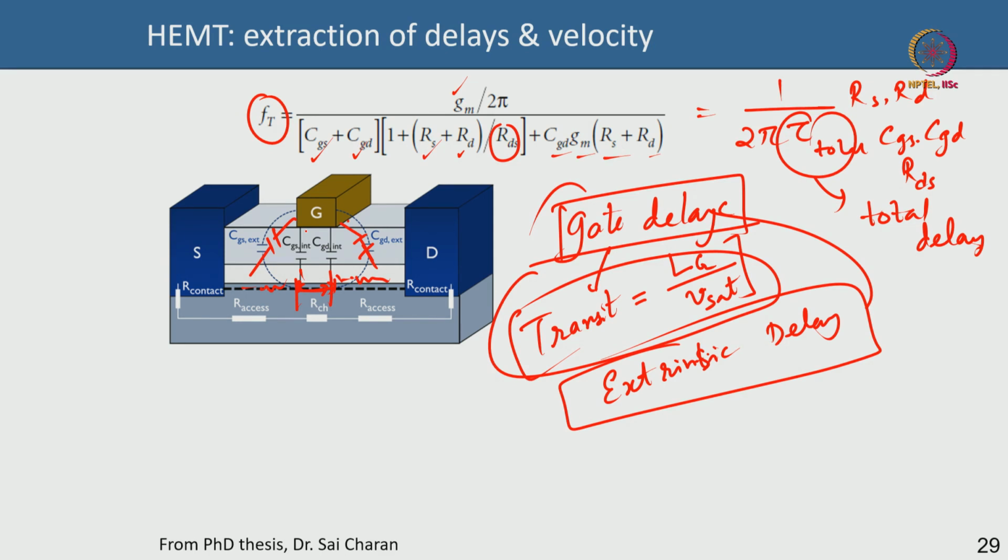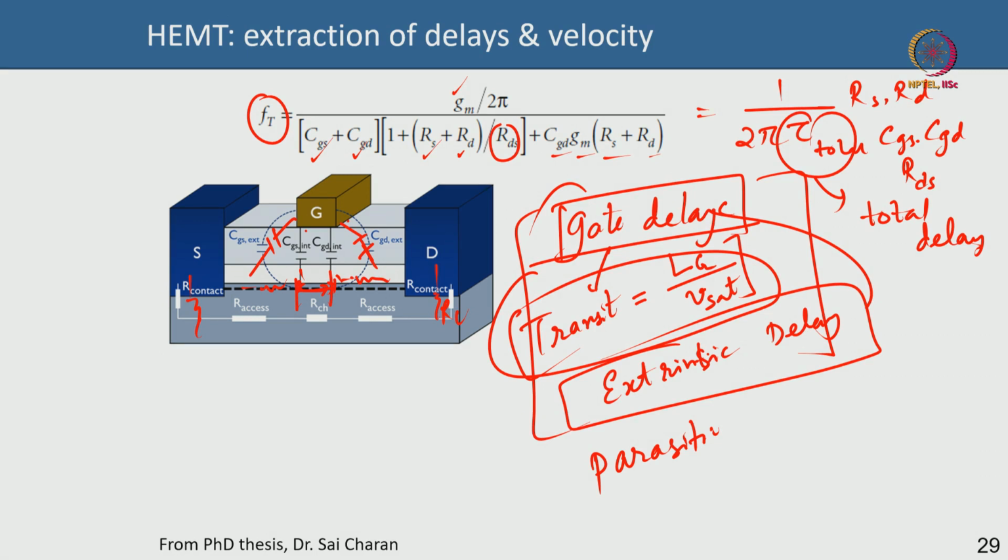The gate has a fringing capacitance, and it couples capacitively with the electrons, the 2D electron gas, in the access regions. This is called the extrinsic delay, and these two make up the gate delay. Then of course there is a parasitic delay. Parasitic delay comes mostly from the contact resistance, and maybe the package and other things, but in general the parasitic resistances keep coming into the picture here.